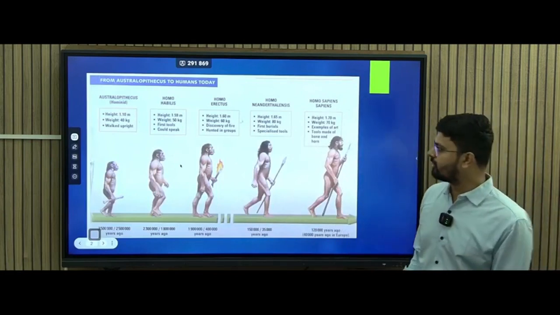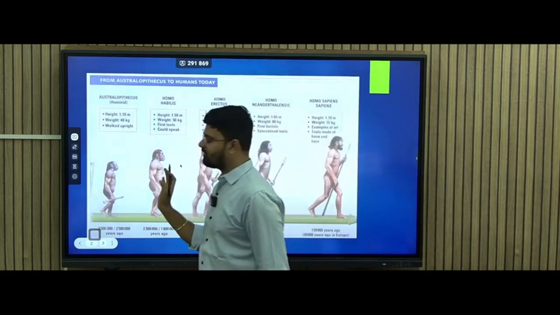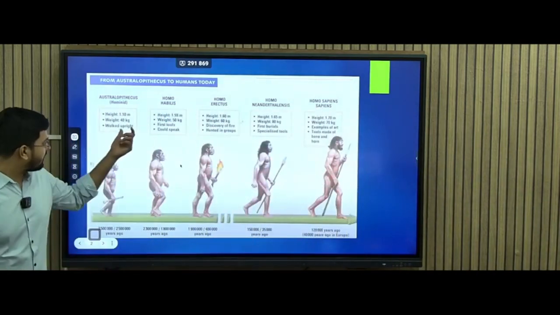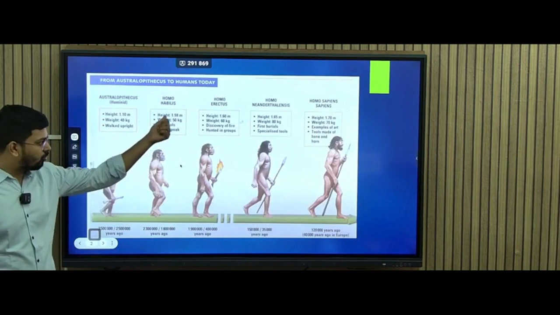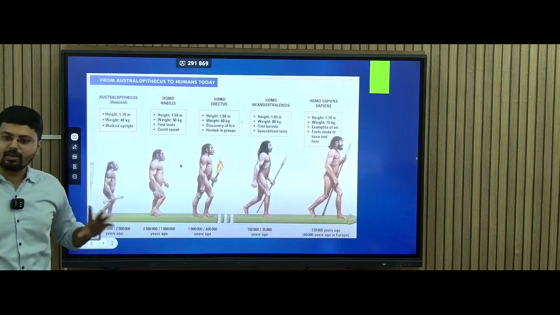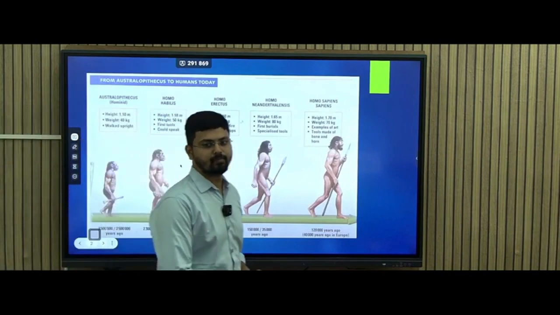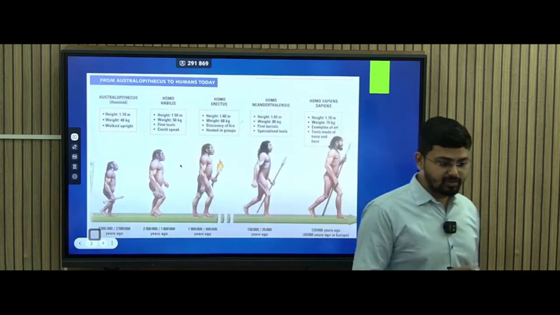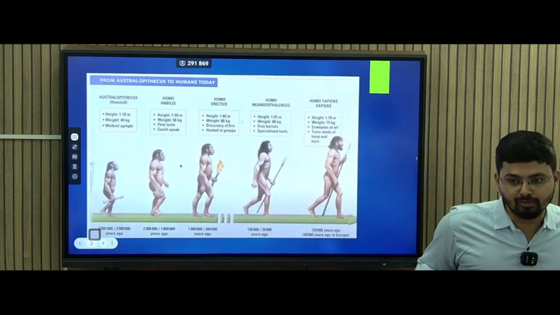So what you need to notice is that height is increasing, weight is increasing. First time they walked upright, here tools have come, and in Homo erectus, one important feature is fire. For the very first time you notice that fire is being used.